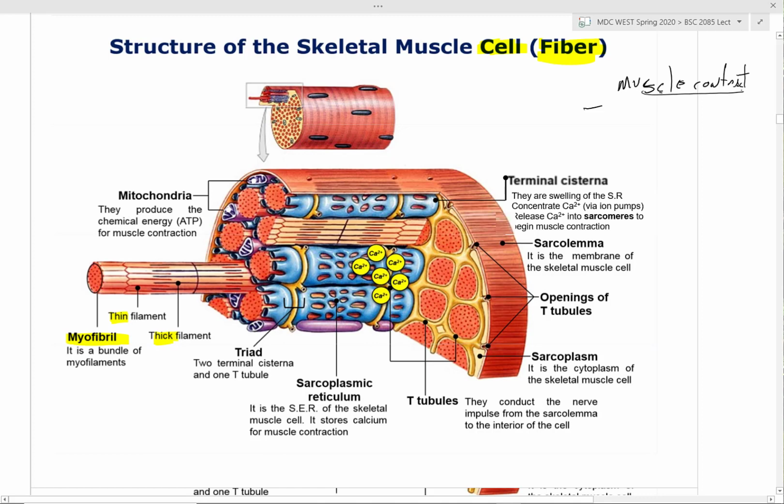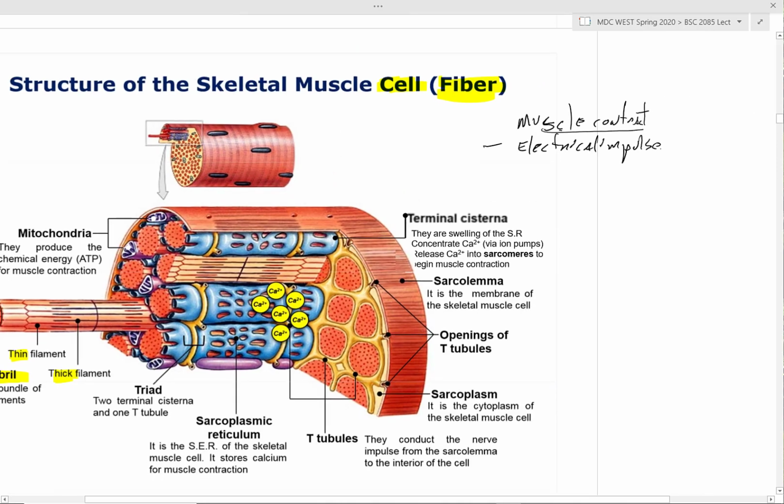First of all, we need the stimuli. I have calcium, I have all I need. Am I moving? No. I need to be able to send the stimuli. So first of all you need the electrical impulse.